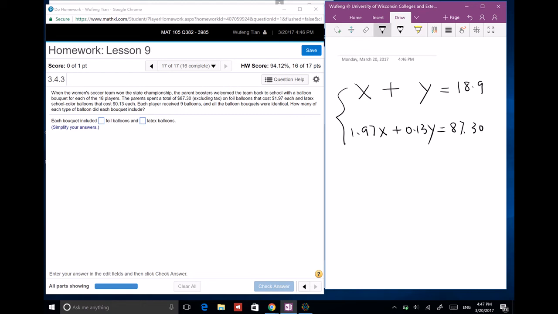We don't want the fractions, so we get 10x plus 10y equals 189. For the other one, we don't want decimals: 197x plus 13y equals 8730. Now we want to cancel either x or y. So let's cancel the x.